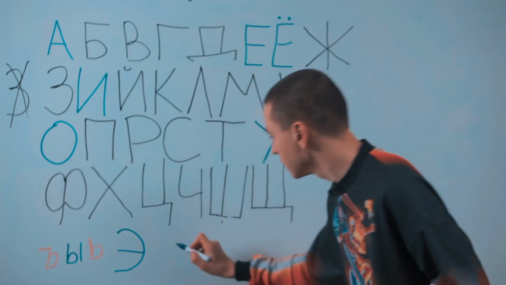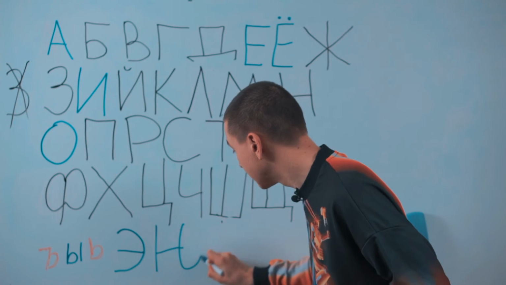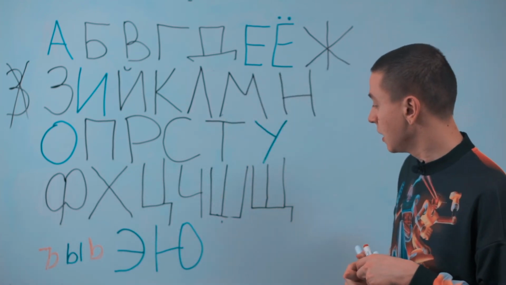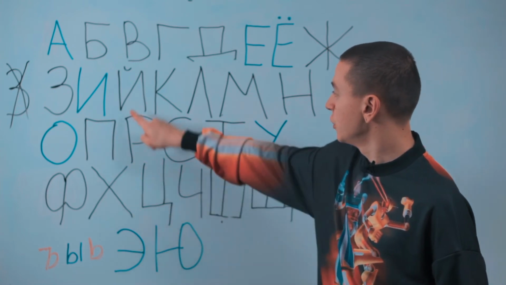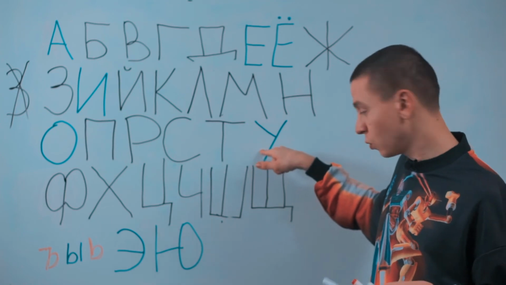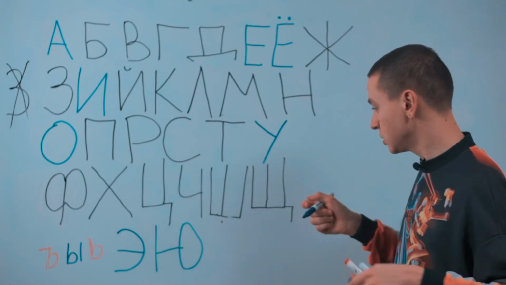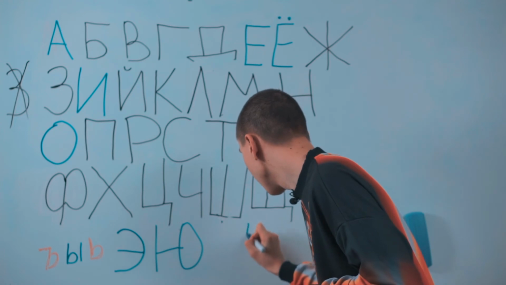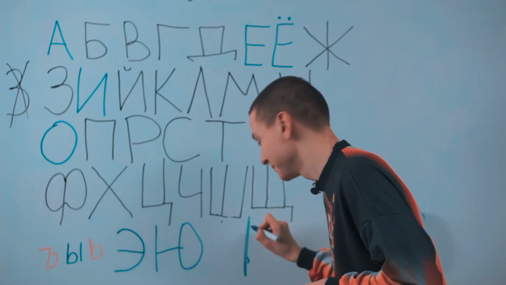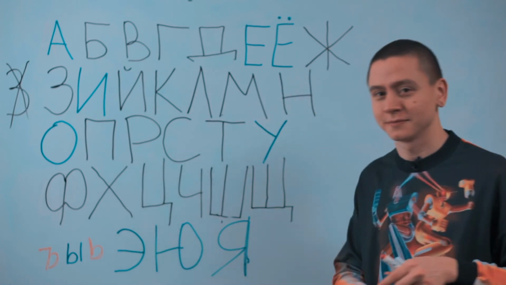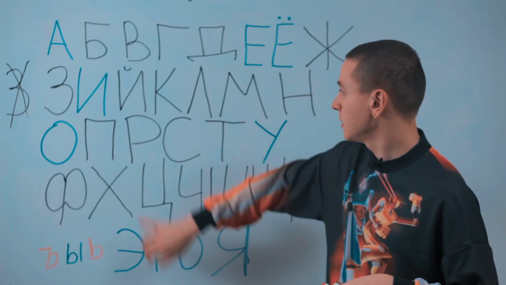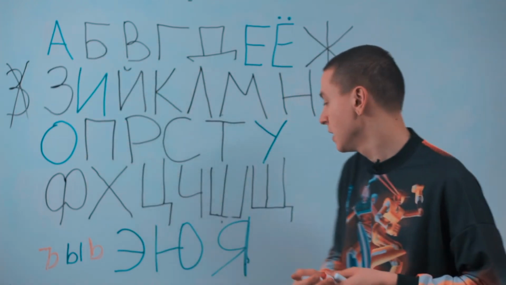Next one is U. It sounds like this plus this. U, okay? And next one, and the last one, yeah. It's like yeah. Pretty easy.